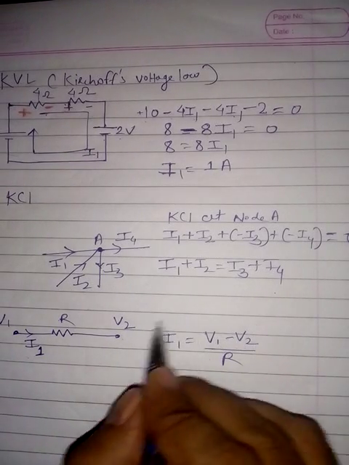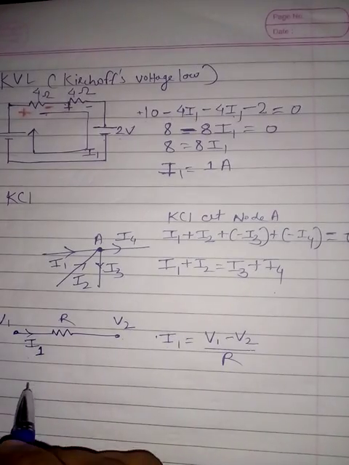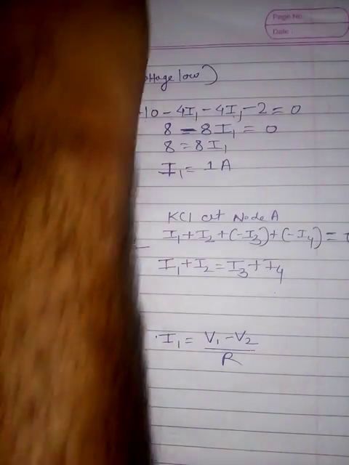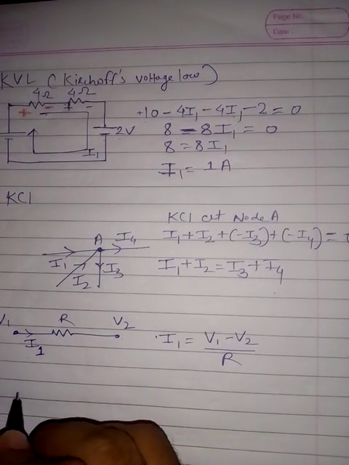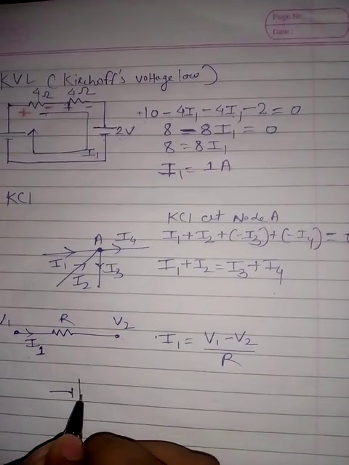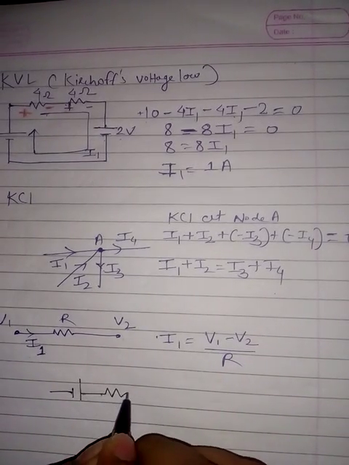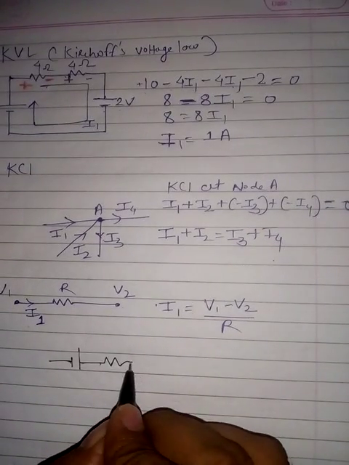But how we have written this? To understand this, I'll just modify this particular circuit. Let's say this is V1, this is R and this is V2.